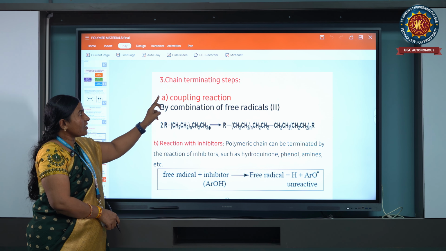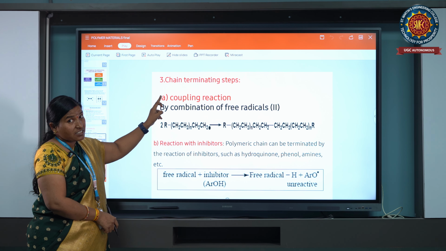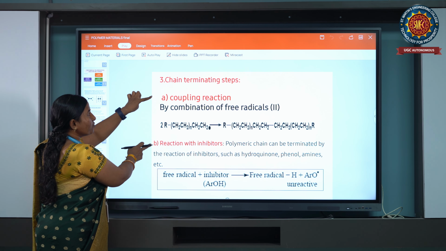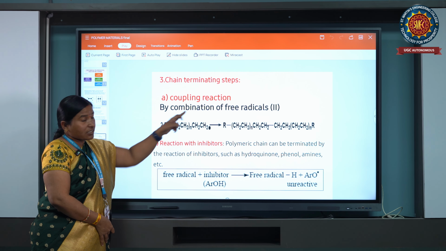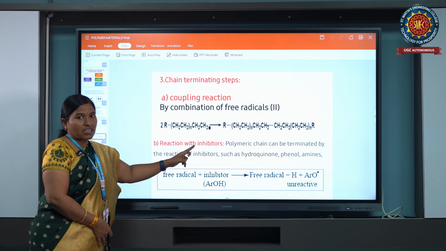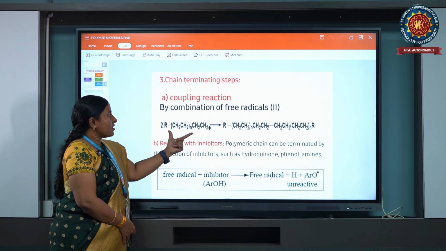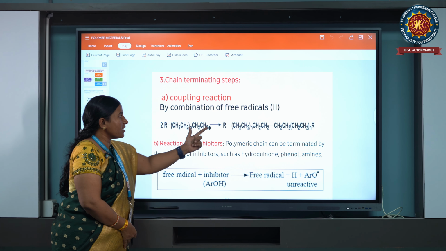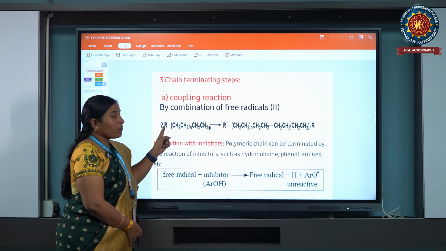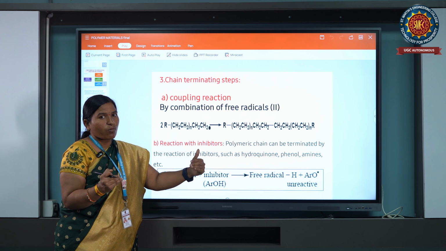Third one is the chain termination step. In the chain termination step, we have two different steps: the coupling reaction and the inhibitors. In the coupling reaction, the component we got in the chain propagation combines with another molecule and forms a long chain polymer.